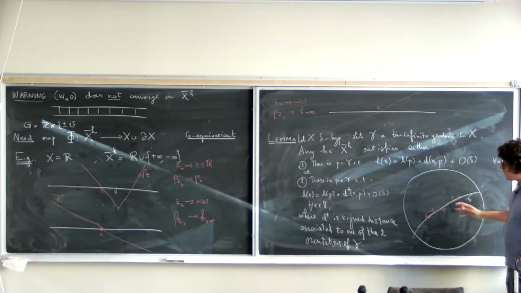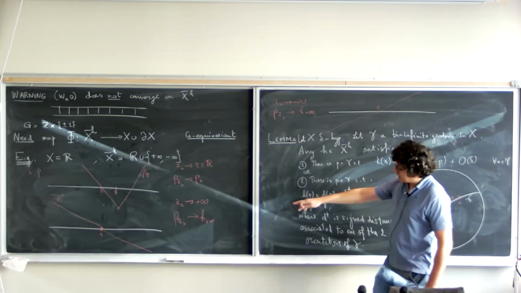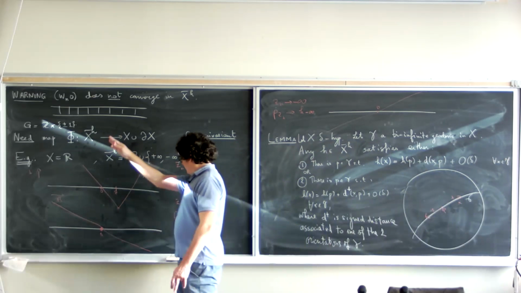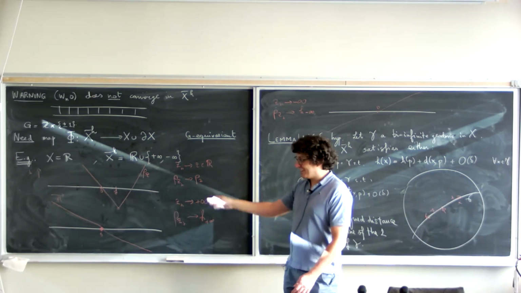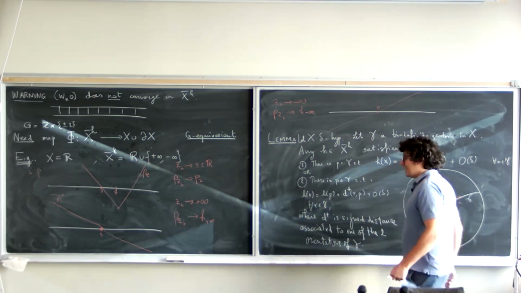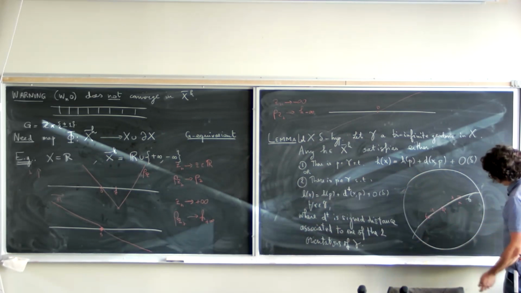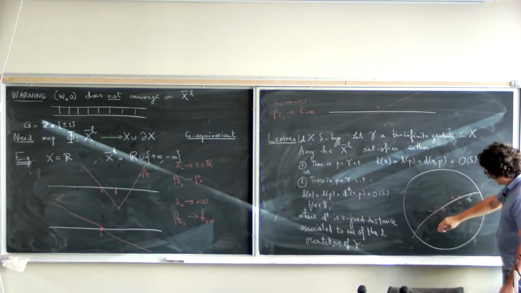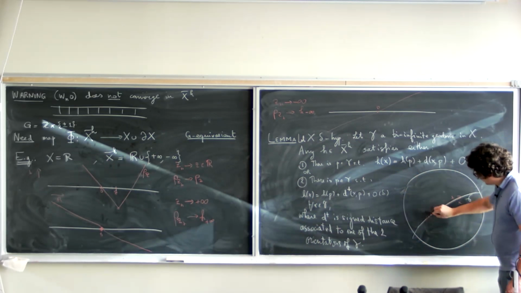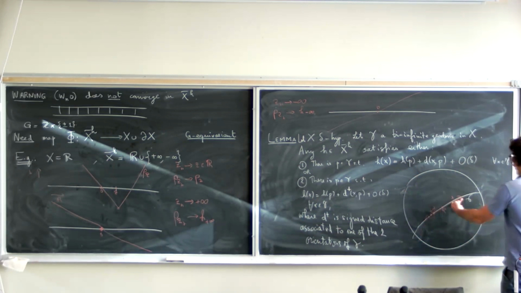The second case is, I don't know how to call it, no letter like that. It's slash shaped. The other option is that the function keeps going up as you keep going along the geodesic.